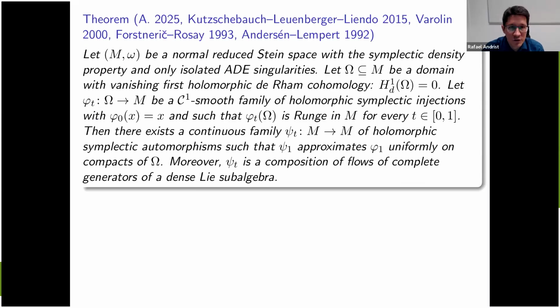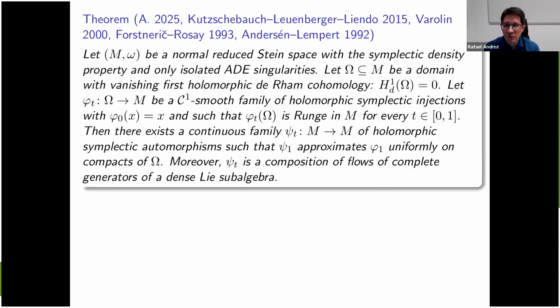Then it was proved by Forstnerič and Rosay, also in C^n, for Runge domains. A domain is called Runge if any holomorphic function on that domain can be approximated by a globally defined holomorphic function uniformly on compacts of the domain.